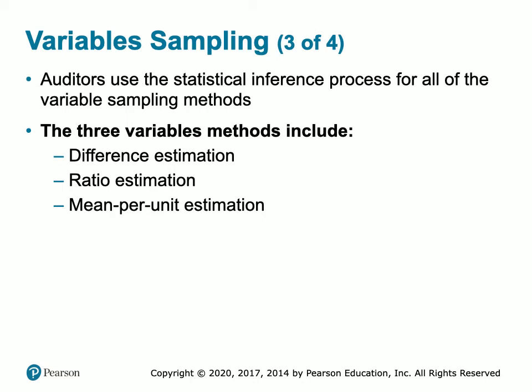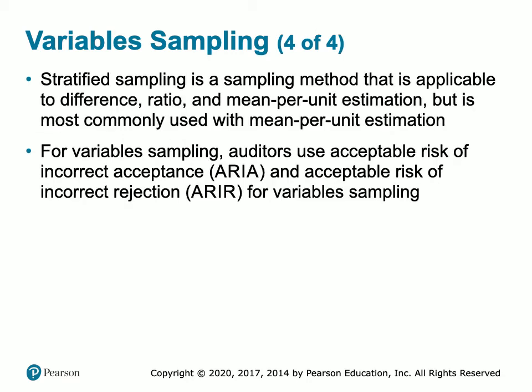So we'll look at a difference estimation or ratio estimation or mean per unit estimation. These are all defined in your text. But basically, these allow us to make inferences about the population on a statistical basis because we've done variable sampling.